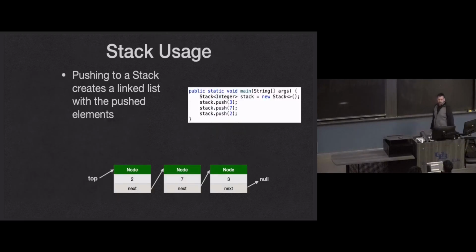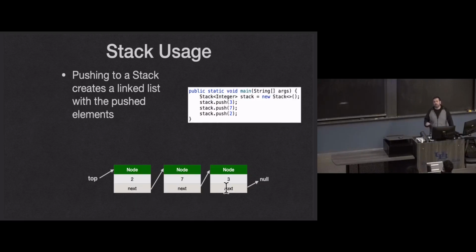Let's see, in one of these abbreviated memory diagrams, we're going to create a new stack. Top will be null. We're going to push 3, push 7, push 2. Each time we push, we're prepending and updating top to be a reference to the node that we prepended. And these would be 3 objects.